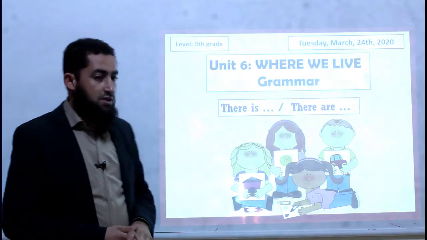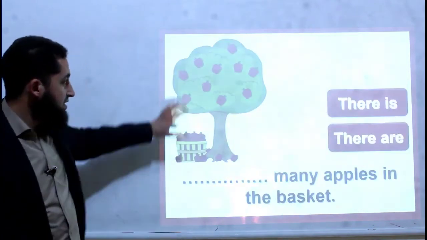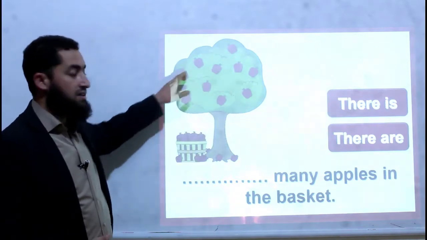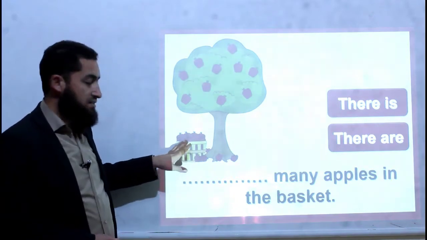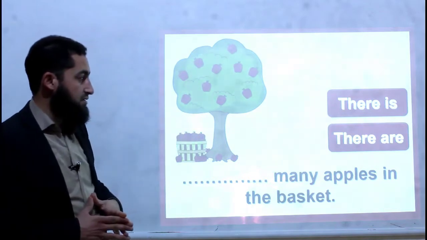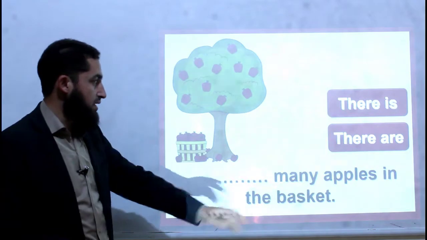Okay? So look at this picture. What can you see here? So we have a tree, apples, a basket, and many apples in the basket. So we have the sentence, many apples in the basket.